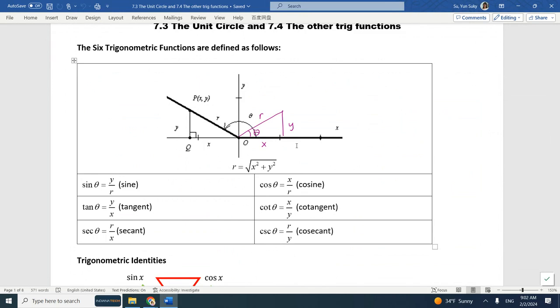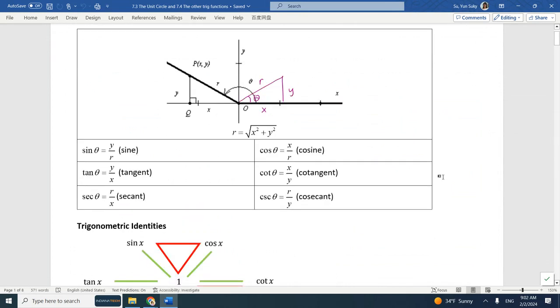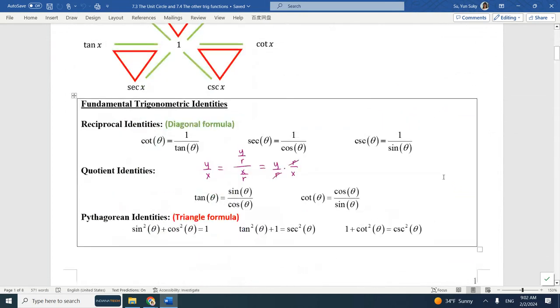But our R is always greater or equal to 0. If the point is at the origin, then R is 0. When you calculate R, it's greater or equal to 0. It's not positive, it's not negative.